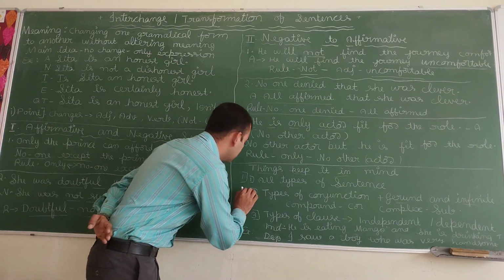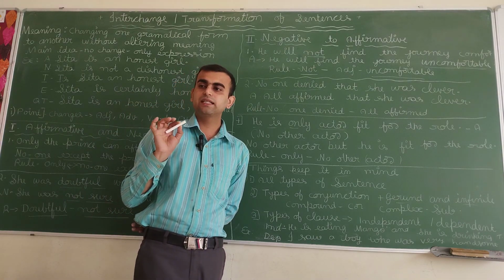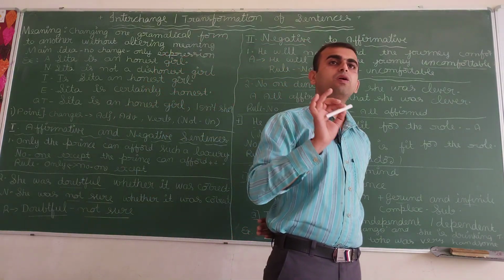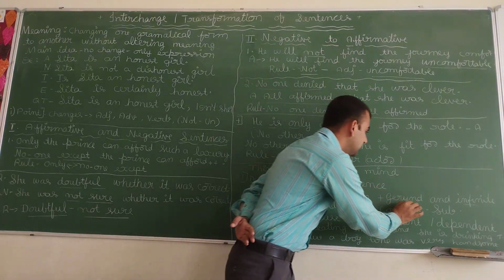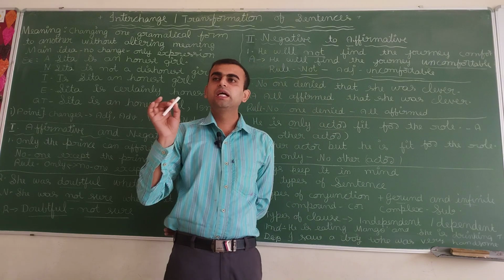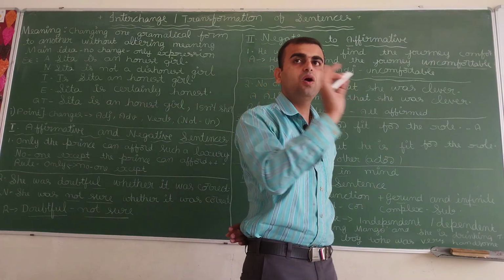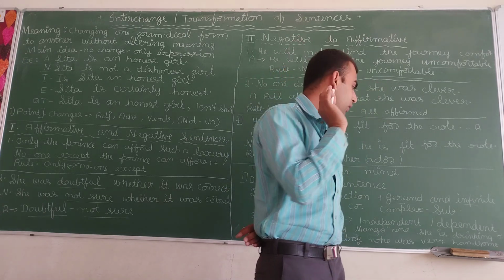Second thing, we must know the types of conjunction. There are three types of conjunctions: coordinative conjunction, subordinative conjunction, and correlative conjunction. Then we must know gerund and infinitive, because in most cases in simple sentences we use either a gerund or an infinitive. I will teach you once again when I teach simple, compound and complex sentences.